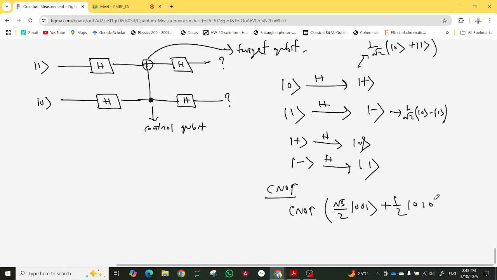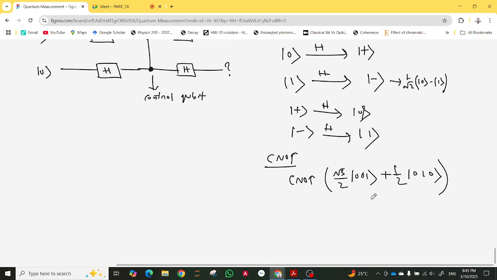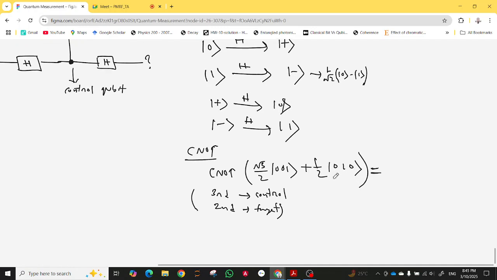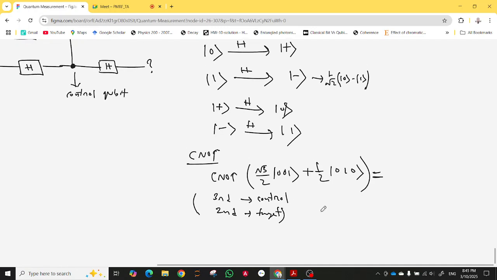If you apply CNOT here and you are told that the third qubit is the control and the second qubit is the target, what will be the output of this?